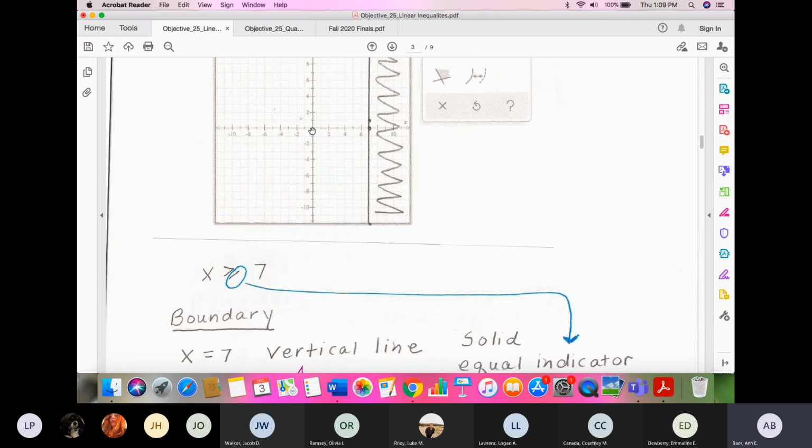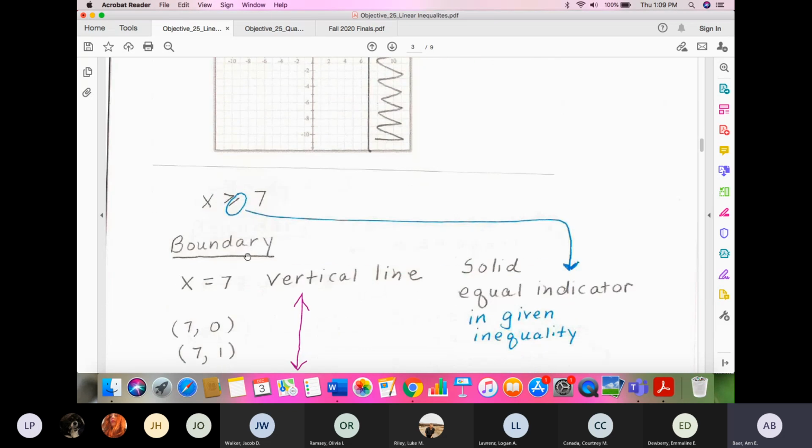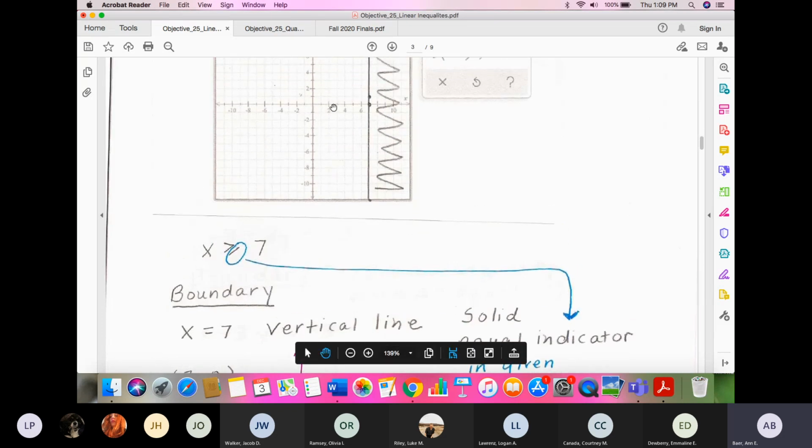We start at the origin. That x being 7 means we go 7 in the positive direction, and we end up here. The 0 means to stay put, and I put a little point right there.